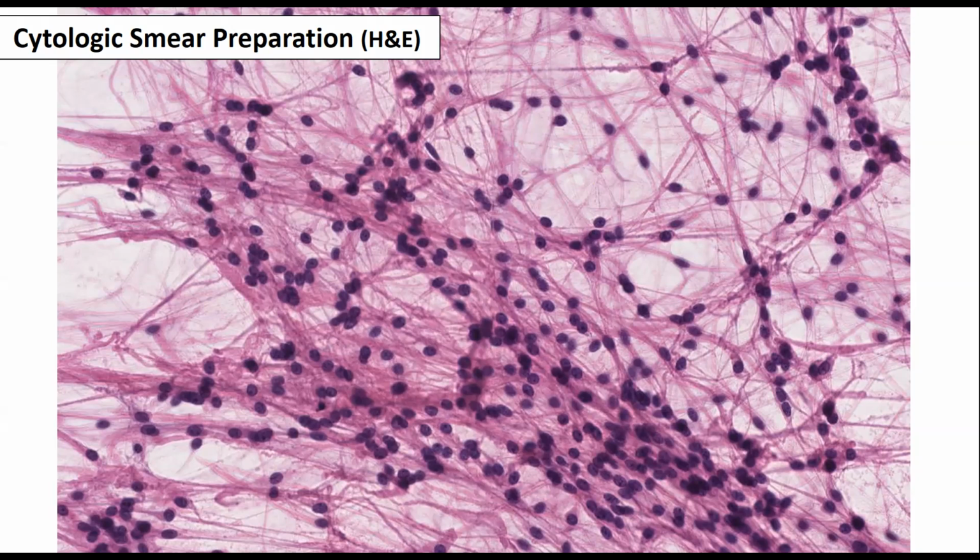These couldn't all be reactive astrocytes, right? So we know it's glioma, but those magnificently uniform oval nuclei are highly characteristic, not in all cases, but we'll call it 90% of cases of one specific tumor. Which tumor is that? And the answer is ependymoma.